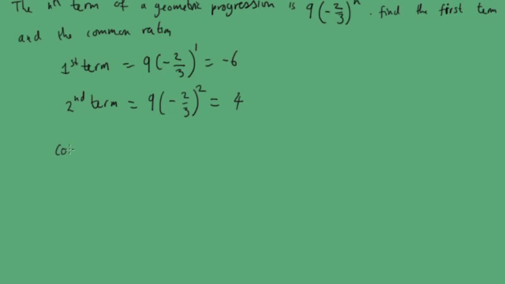So the common ratio is equal to the second term over the first term. When we're finding the common ratio, remember it is the second term over the first term, not the first term over the second term. Just make sure you do it the right way round. It's going to be 4 over minus 6, which is going to give us minus 2 over 3.